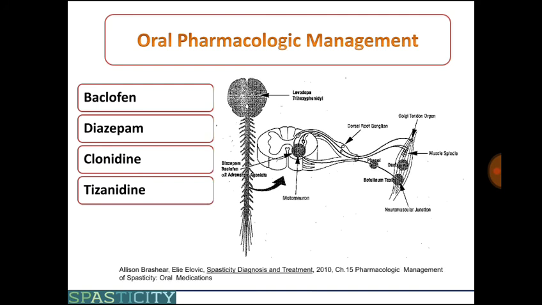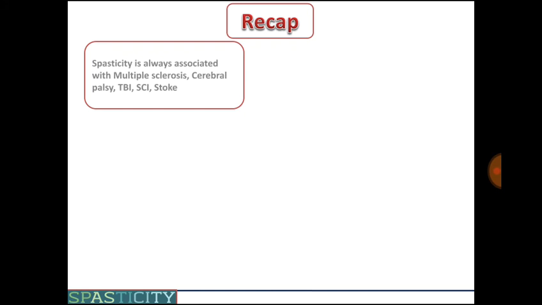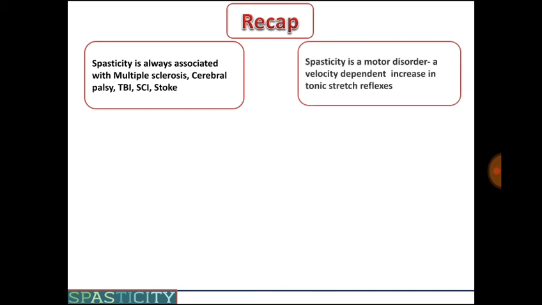So let us recap all that we learned in this first module. Spasticity is always associated with a few common diseases and disorders like multiple sclerosis, cerebral palsy, traumatic brain injury, spinal cord injury and stroke. It is a motor disorder related to muscle tone.